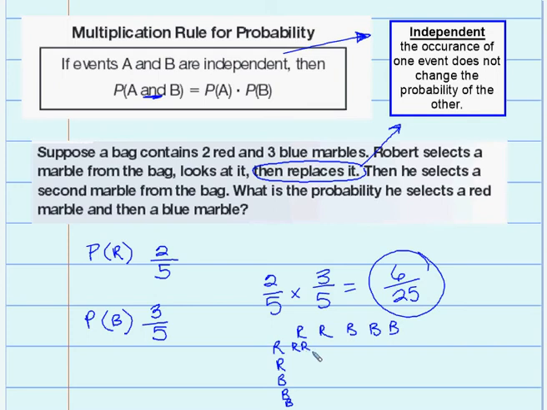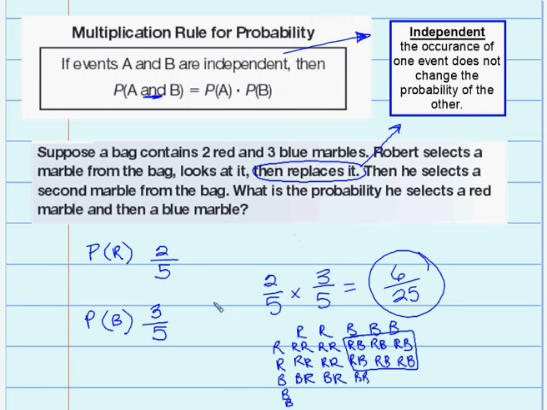So you could get red, red, or red, blue, or blue, red, blue, blue, etc. We'd fill in those rows the same. And then there'll be 25 outcomes, and which ones go red, blue? Well, it's these 6.